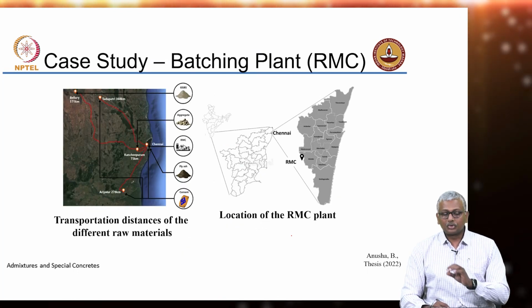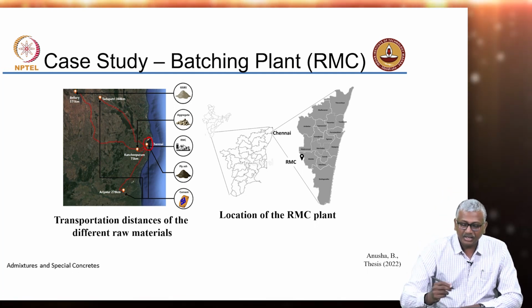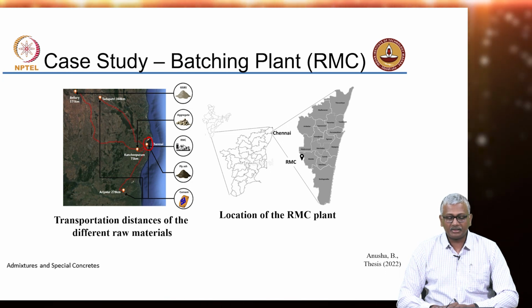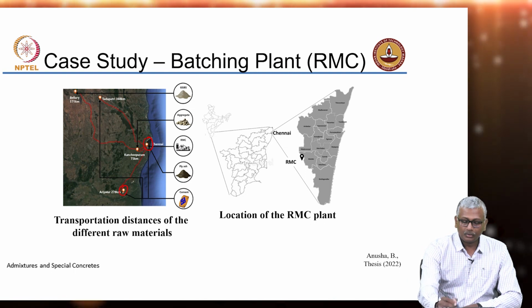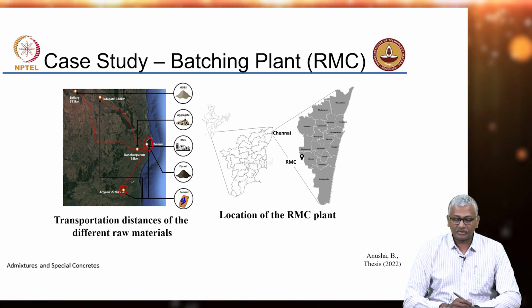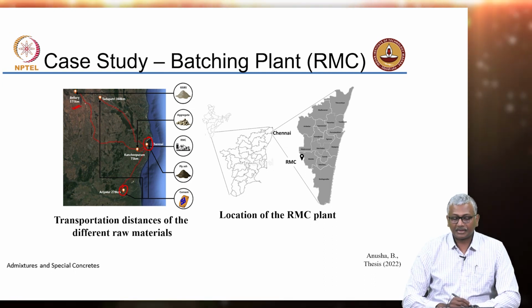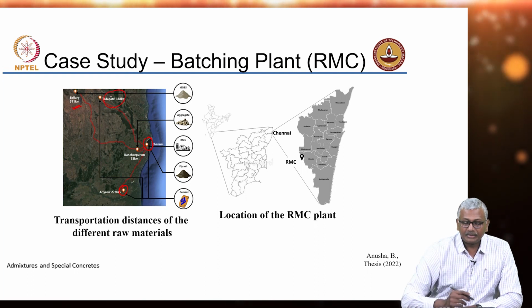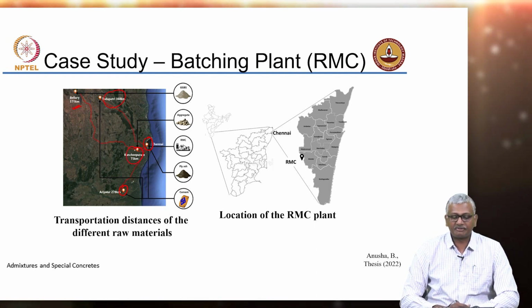So, to do a case study of concrete production, a concrete plant in Chennai was chosen, and what we are assuming here is that the cement is coming from Ariyalur, which is about 280 kilometers south of here. The GGBS is coming from Bellary, okay, and the fly ash is being brought in from Tadipatri, and aggregates are from Kanchipuram, 75 kilometers away.